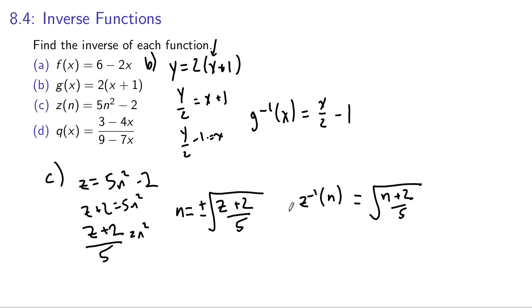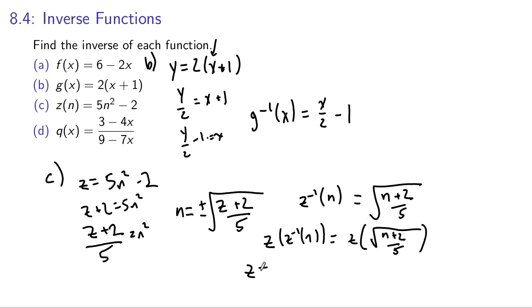So let's just show how to prove this is an inverse. So again, let's do the composition. z of the inverse of n. So the inner function will be the inverse that we just created, square root of n plus 2 over 5. We'll plug that into the rule for z.